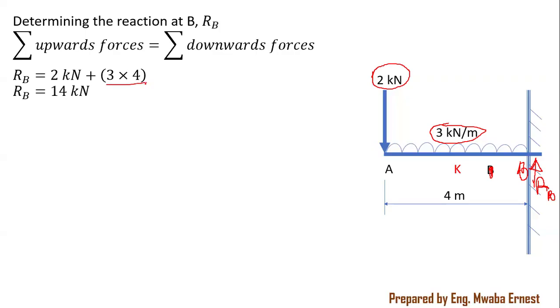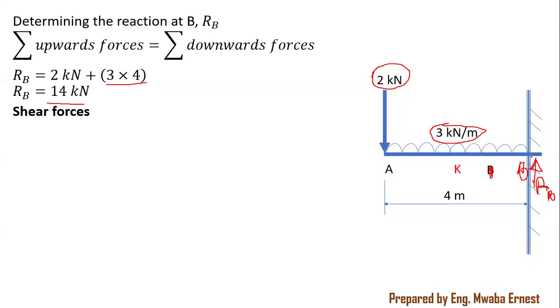You can already see that 3 times 4 is 12, and 12 plus 2 gives us 14. So that is our vertical reaction on the wall pointing upwards. Of course, you can go further than that, but for the sake of our drawing, this is enough. We can proceed to the next stage.